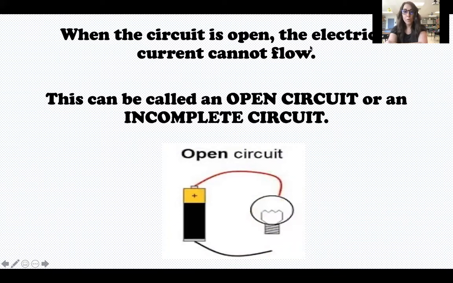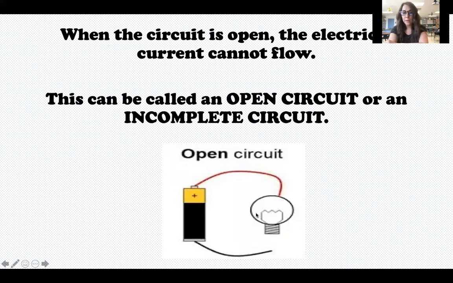When the circuit is open, the electrical current cannot flow. This can be called an open circuit or an incomplete circuit. So if you look at this diagram, we have energy that's able to flow from the battery to the light bulb through this conductor. But then look, after the light bulb, we have this space where maybe the conductor has been cut, maybe it has been broken.